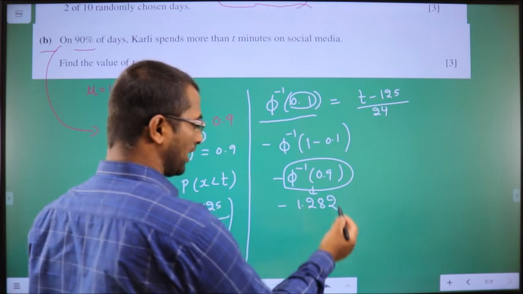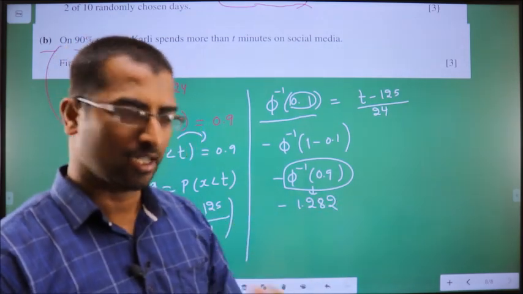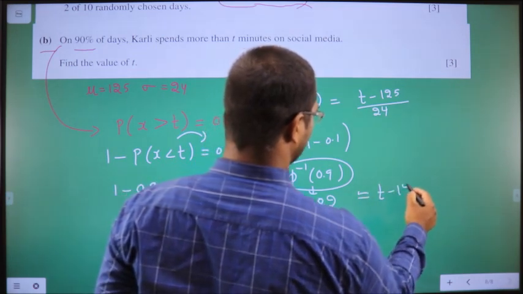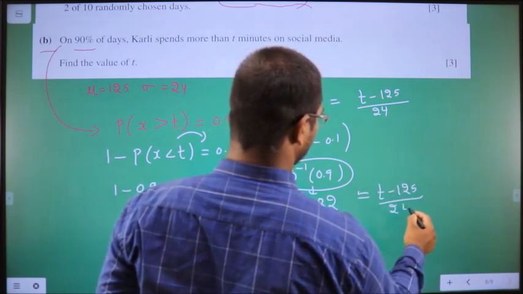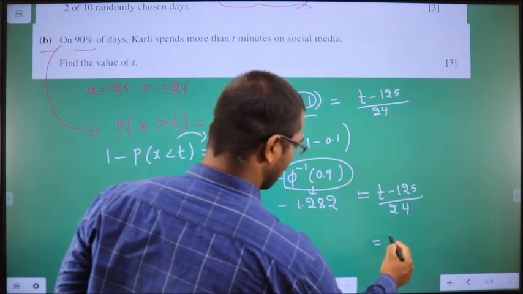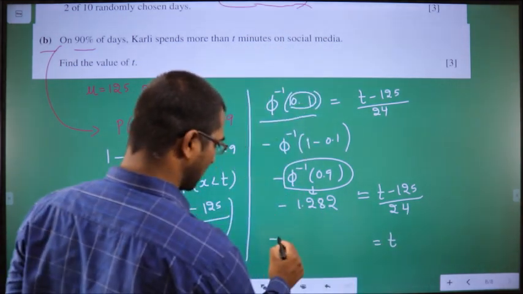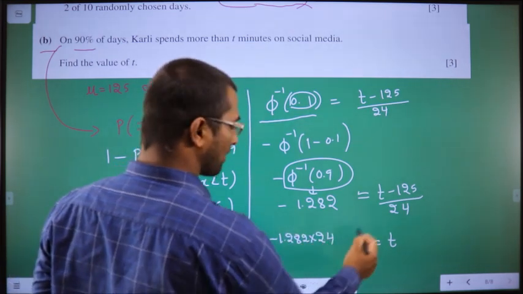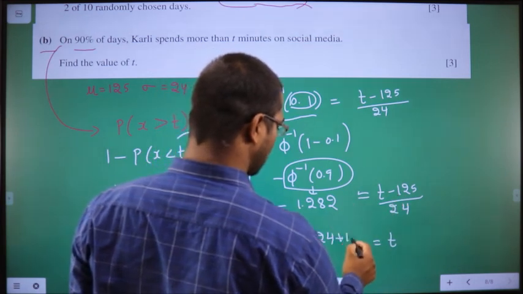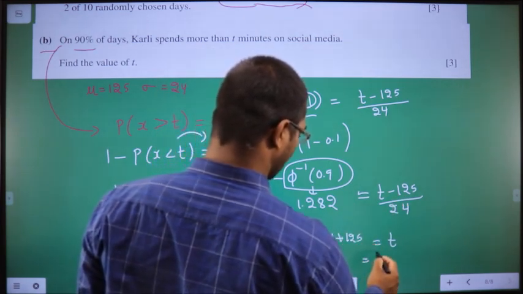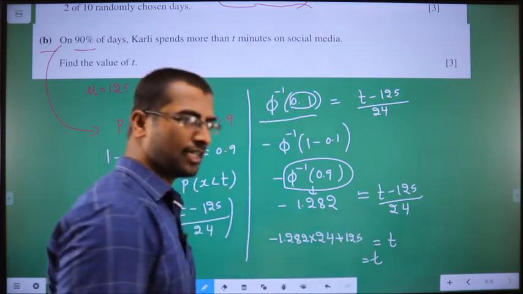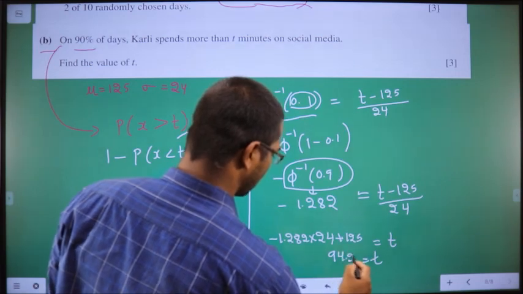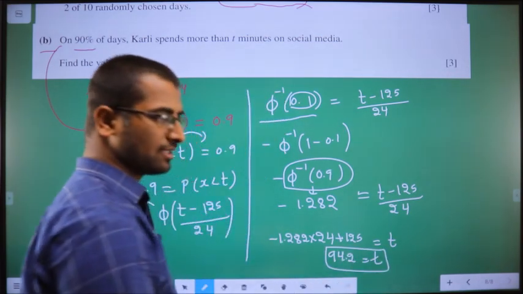So phi inverse of 0.9 is this, negative sign carried down, and this side as it is, T minus 125 by 24. Now make T the subject. First 24 will come this side, 1.282 into 24, minus 125, bring it this side, plus 125. So T equal to, put this entire thing in the calculator, you get 94.2 is the answer.